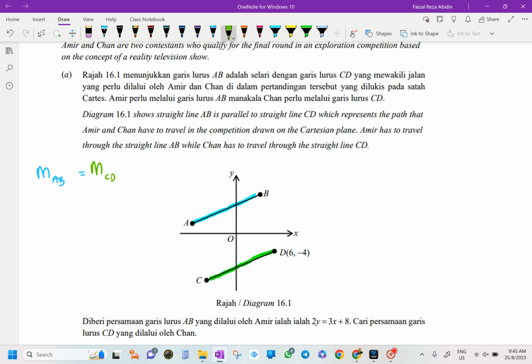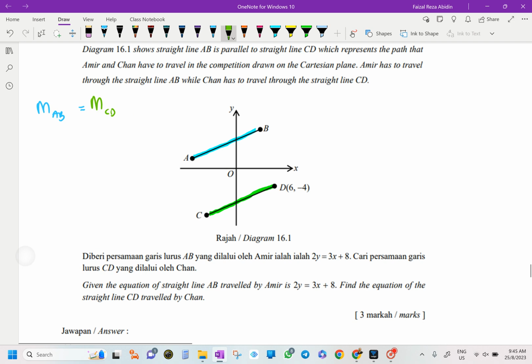We represent the path that Amir and Chan have to travel in the competition drawn on the Cartesian plane. Amir has to travel through the straight line AB, while Chan has to travel through the straight line CD. Given the equation of straight line AB traveled by Amir is 2y = 3x + 8.